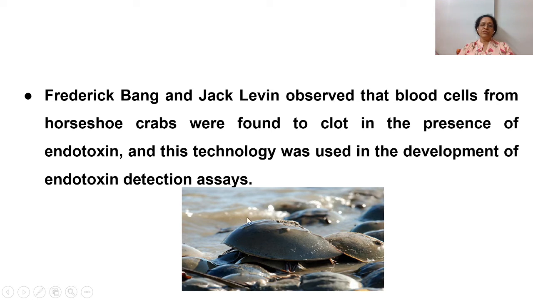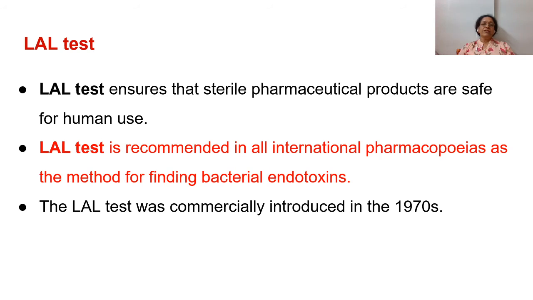This one is a picture of the horseshoe crab, and here is a very unique phenomenon, that is, the blood cells of these crabs are able to clot in the presence of endotoxins from bacteria, and this was used in the development of endotoxin detection assays. So based on this, there is a LAL test.